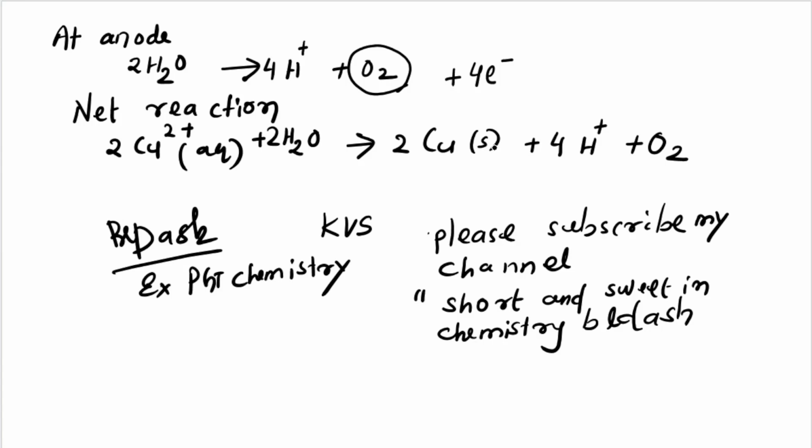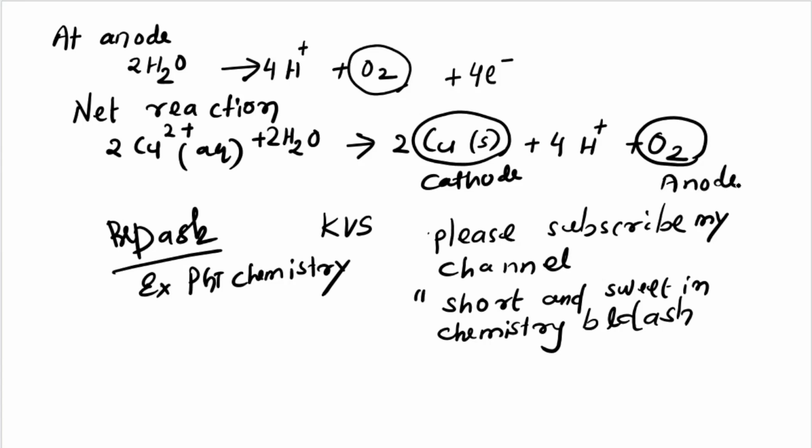That means solid copper is deposited at the cathode and oxygen is liberated at the anode. This is the final product, the last reaction: at the cathode, copper deposited, and at the anode, oxygen gas liberated.